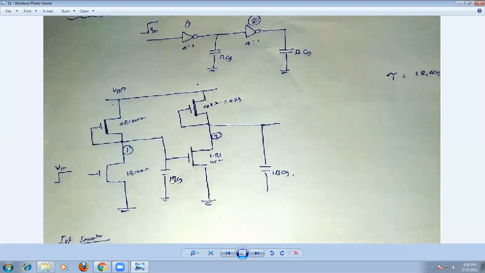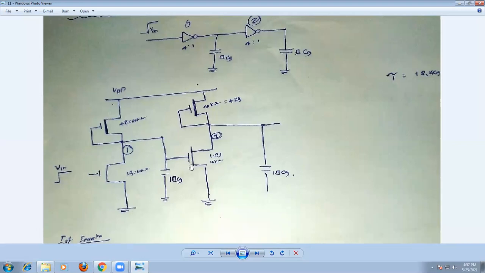This capacitor is not actually present; we are not going to connect this type of capacitor here. But automatically, when the signal is connected like this, the input capacitance of this transistor is nothing but the output capacitance of the first inverter. For the first inverter, the output capacitance is the input capacitance of the second inverter.